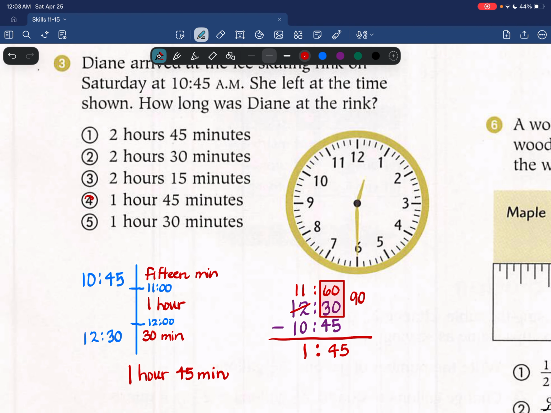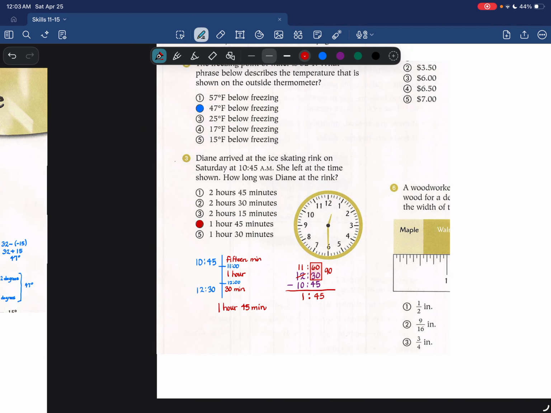Any way you do it, you should get 1 hour, 45 minutes. You could also do it, even if you did it with military time, you would have to borrow an hour. Okay.